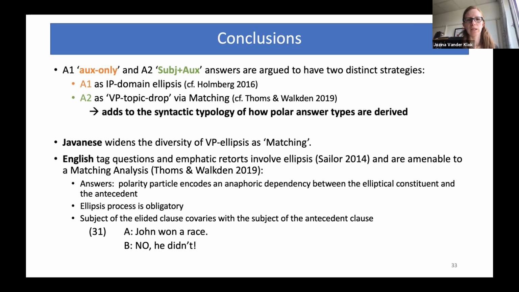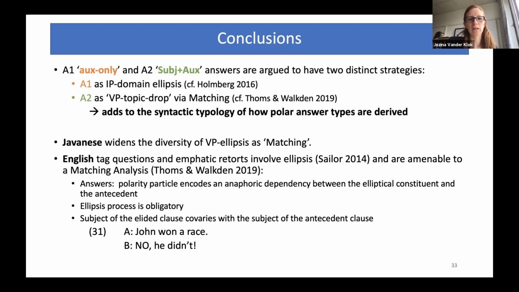Overall, this adds to the syntactic typology of how polar answer types are derived, and widens the diversity of VP ellipsis as a matching analysis. So this is proposed for Thomson-Wachten for overt VP preposing, and they also speculate that English tag questions and emphatic retorts involve ellipsis and are amenable to a similar matching analysis.